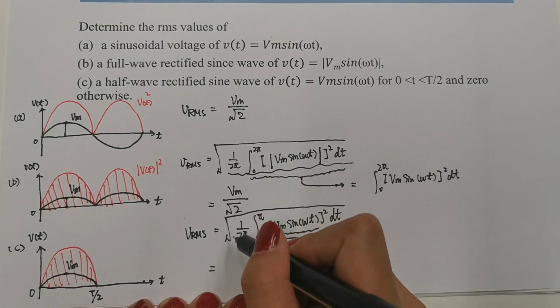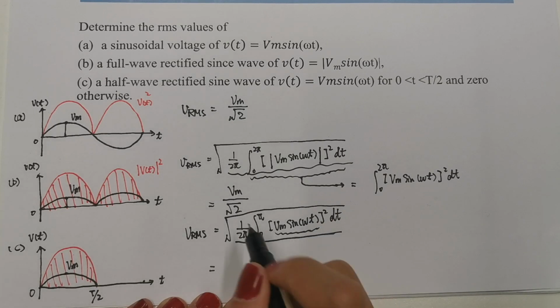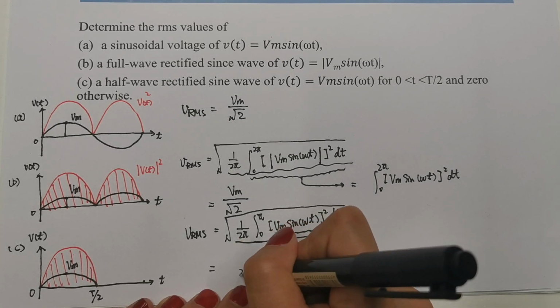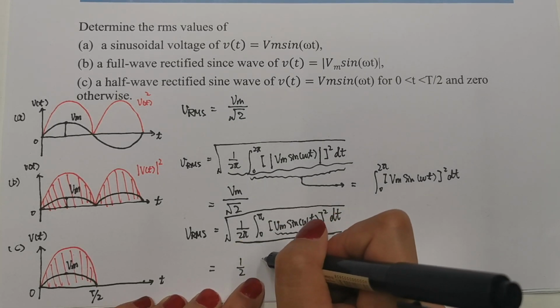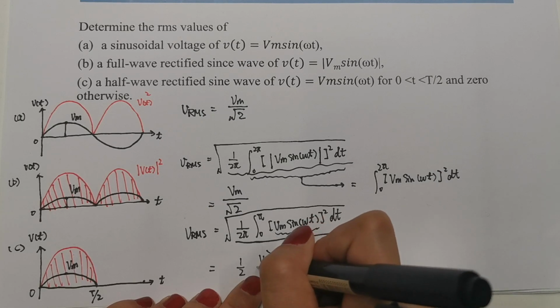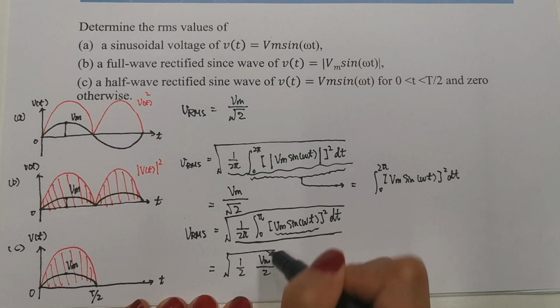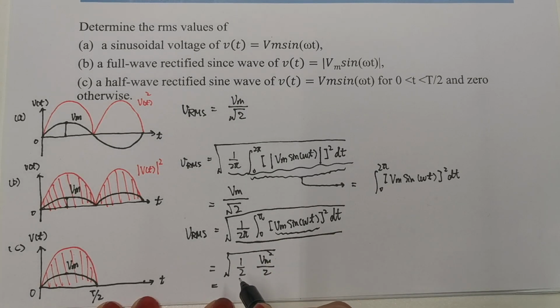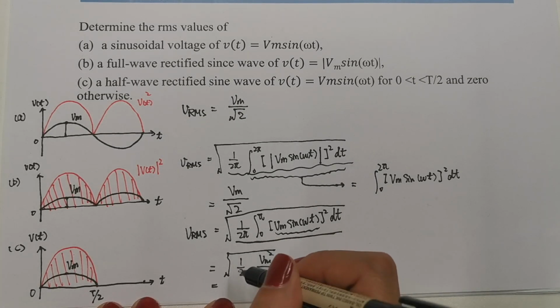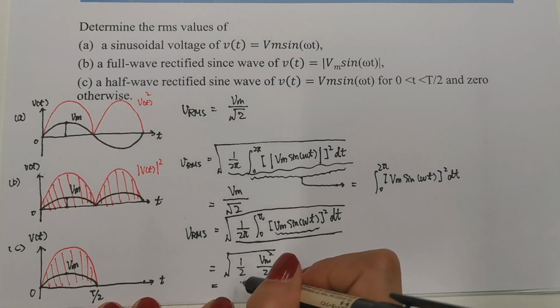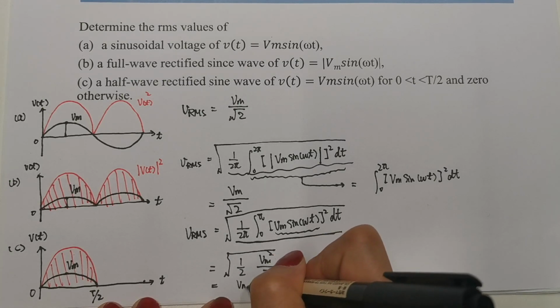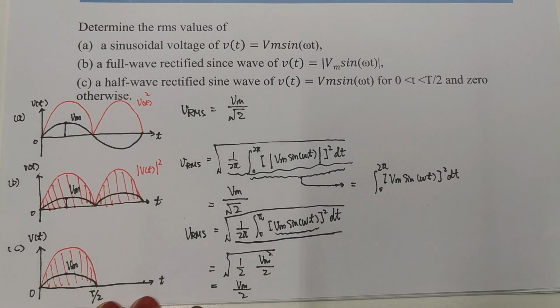Then we can simplify this whole equation into the square root of half of Vm squared divided by 2. And then we find that the RMS value for the half-wave rectified sine wave is Vm divided by 2.